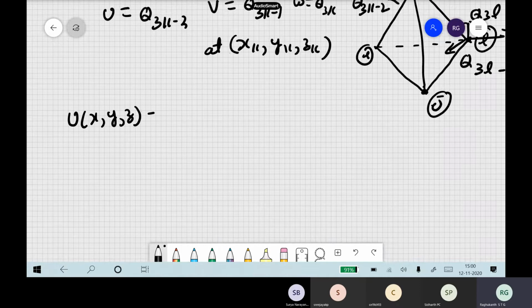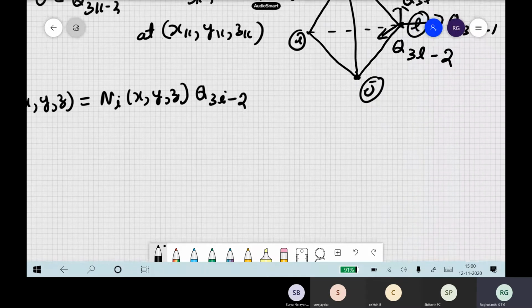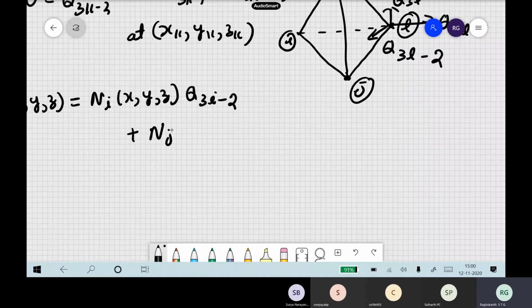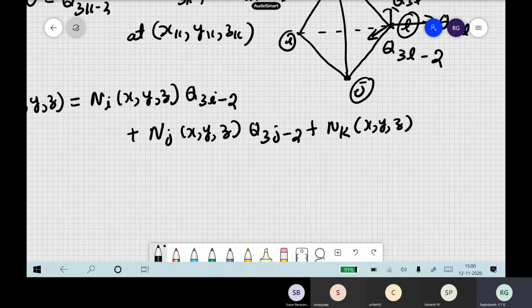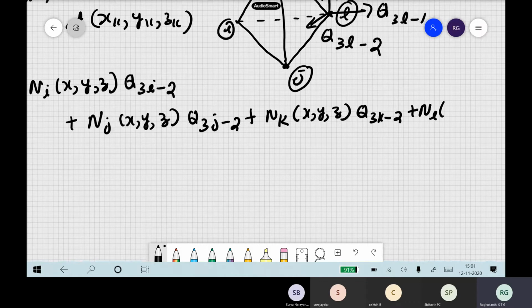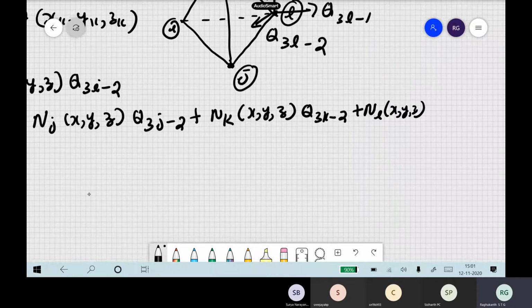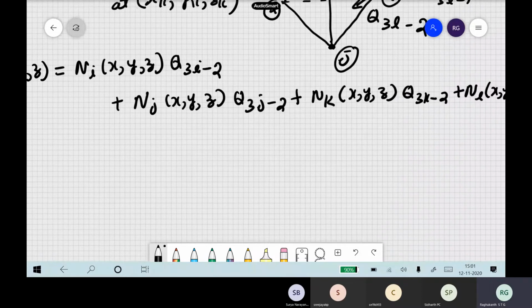Like u(x, y, z), we write as Ni(x, y, z), we are writing in global coordinate systems, that's why x, y, z, times q3i minus 2, plus Nj(x, y, z) times q3j minus 2, plus Nk(x, y, z) times q3k minus 2, plus Nl(x, y, z) times q3l minus 2. The expressions for these shape functions I have already written last class, we have derived them also in the last class.